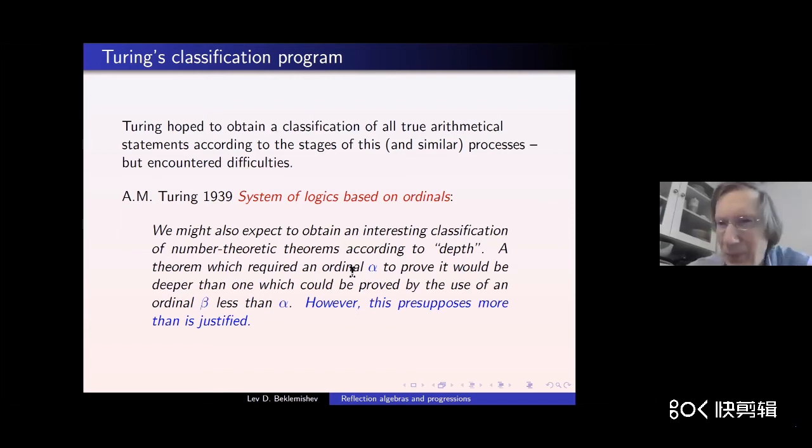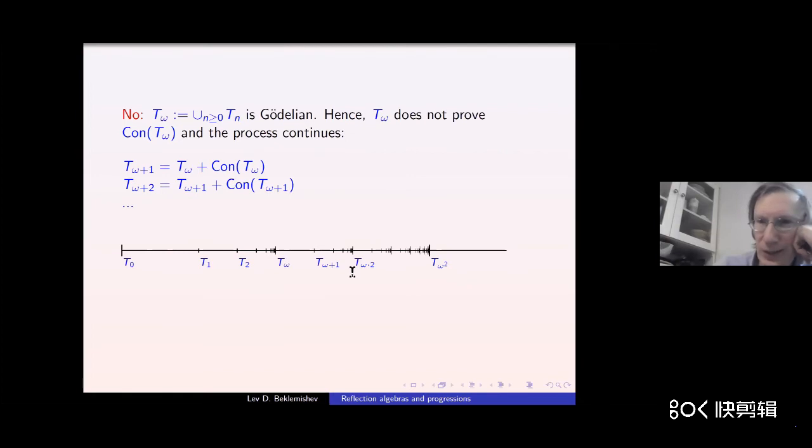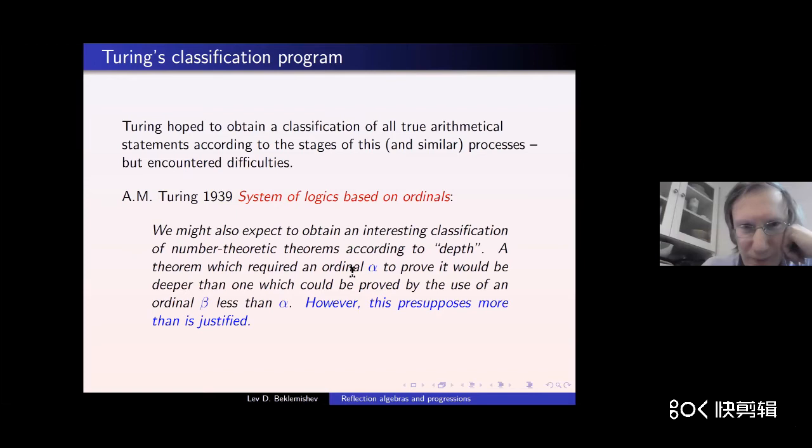Overcoming incompleteness wasn't so much his intention, as he writes in this paper the following. He actually wanted to obtain a classification of arithmetical statements according to the stages of this process. So he wanted to use these theories, T alpha, as a kind of measuring stick to measure the strength of logical theorems.